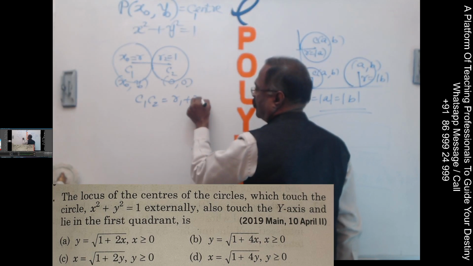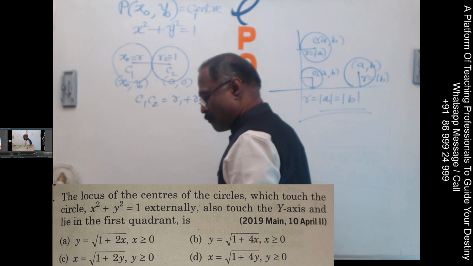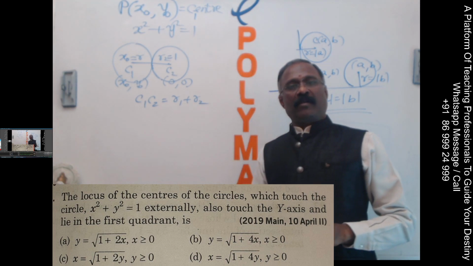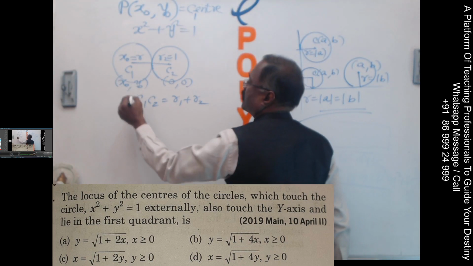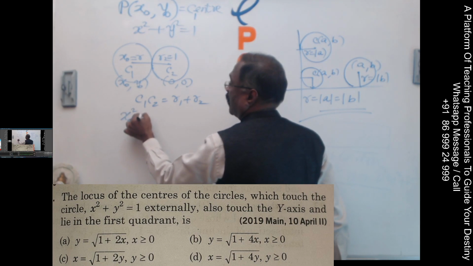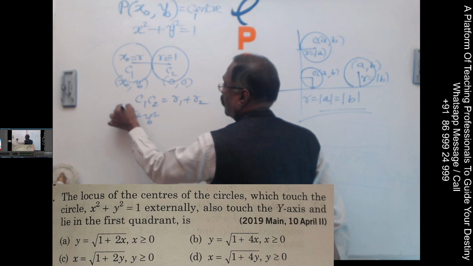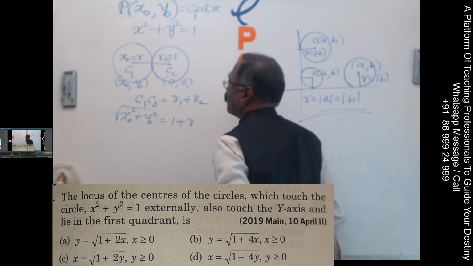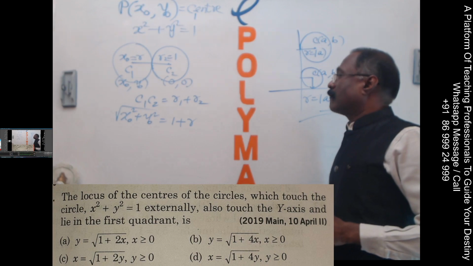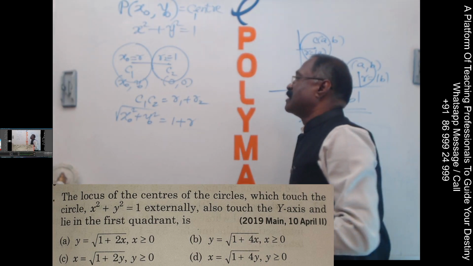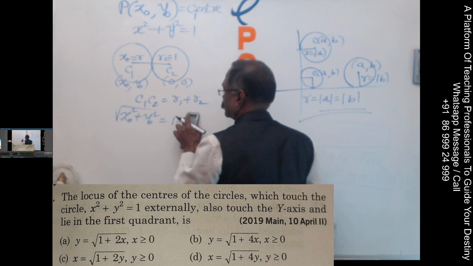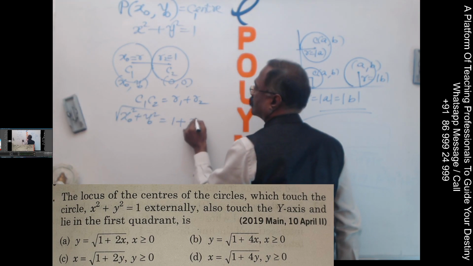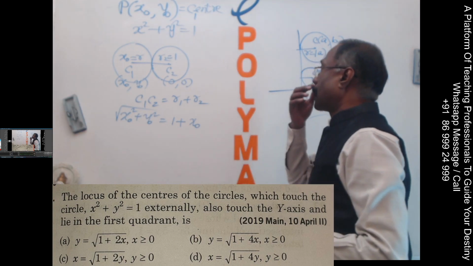Now what is the condition if they touch each other externally? C1C2 = R1 + R2. What is C1C2, the distance between them? √(x0² + y0²) = 1 + R, because 1 is the radius and R means here x0. Correct, no?